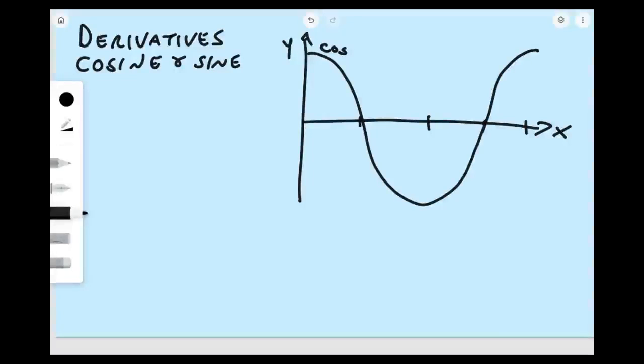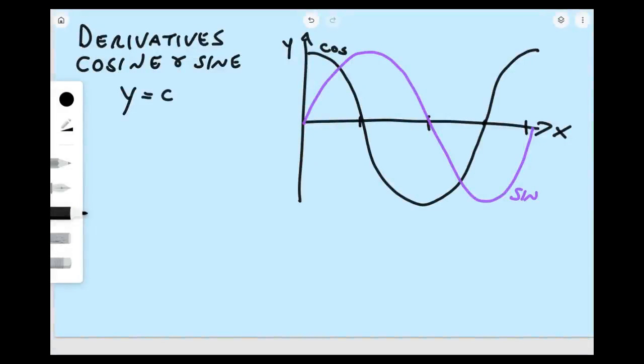So that's the cosine function. Now I'll draw in the sine function. That's cosine and sine, and what I've drawn is one cycle of each function. It repeats after that.